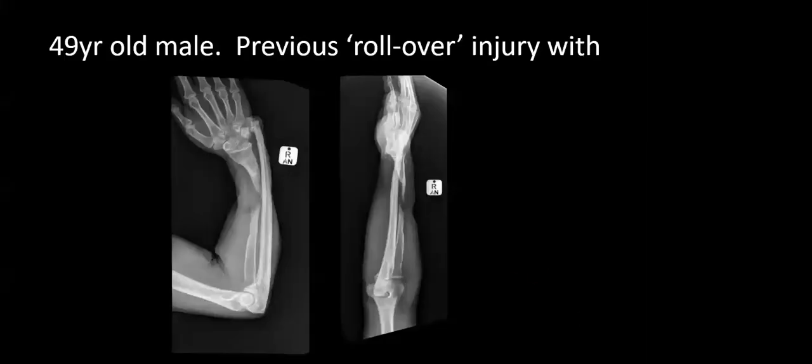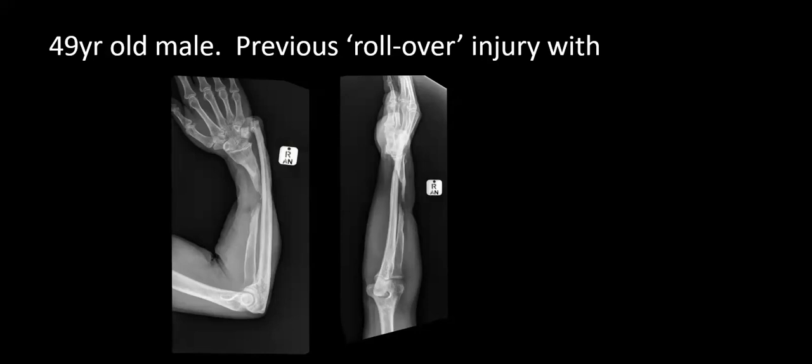The patient previously had a rollover injury, with large segmental loss of the radius. It was complicated by infection, a disrupted distal radioulnar joint, progressive deformity and pain of the wrist, and progressive median nerve symptoms.